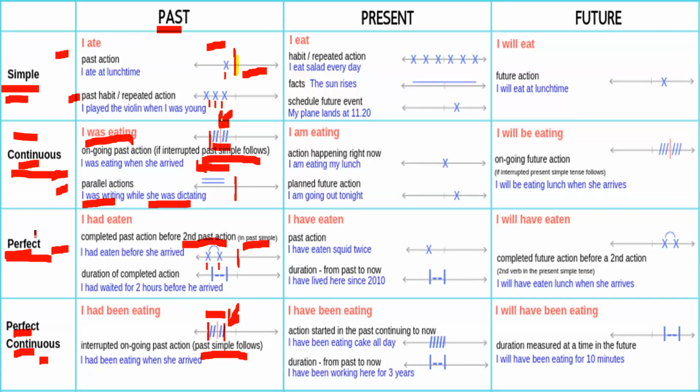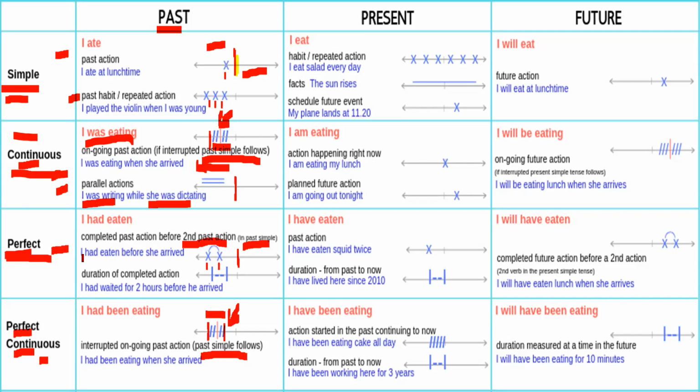Perfect describes the relation between two events that happened on the spot in the past, and one happened before another. The earliest one must be written in the past perfect, had plus V3, and the most recent one in past simple.